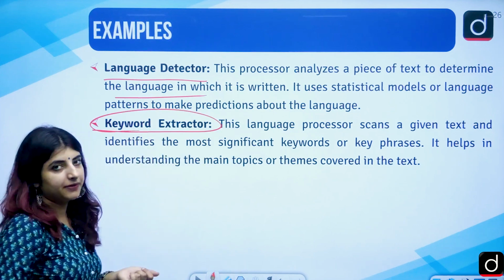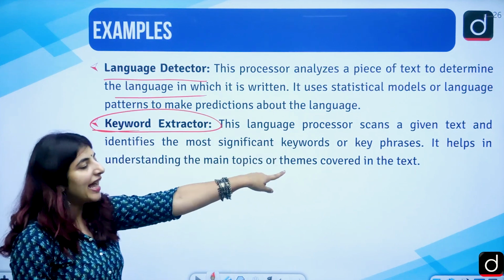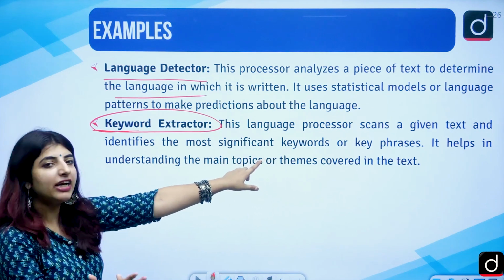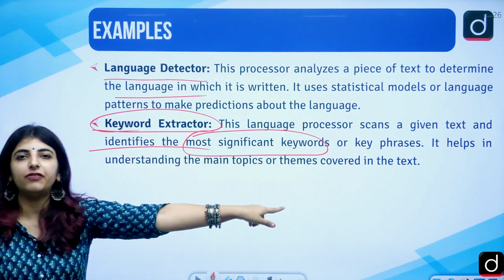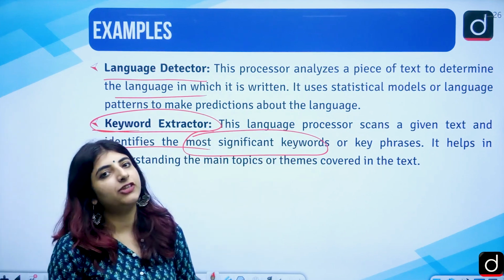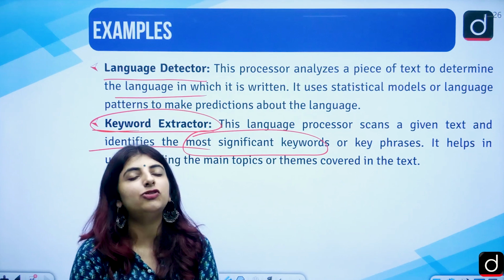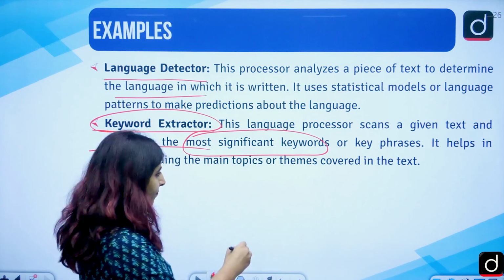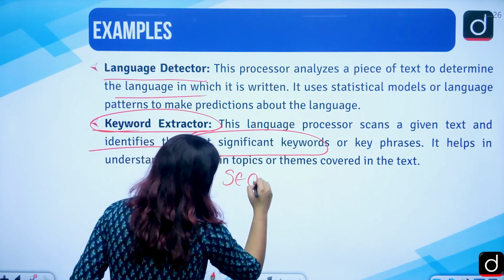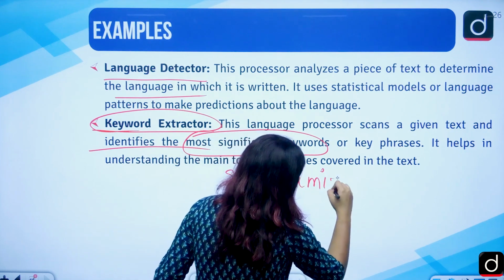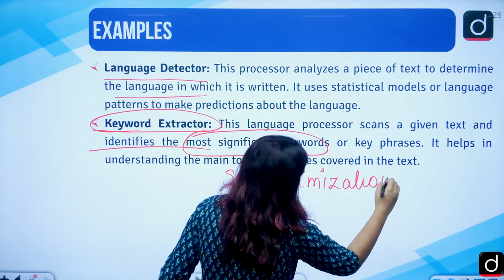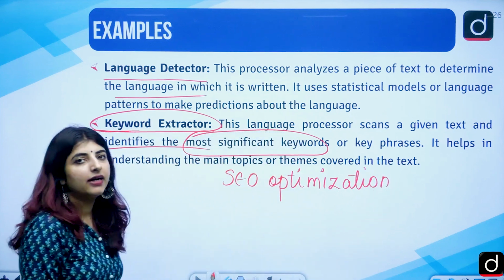Keyword extractor: this scans a given text and identifies the most significant keywords or key phrases. Most of the time it is used by content writers for SEO optimization, to see which keywords will work best.